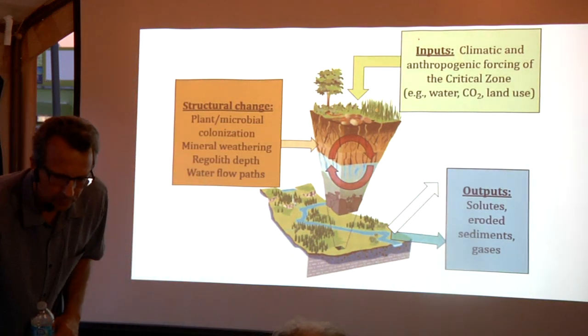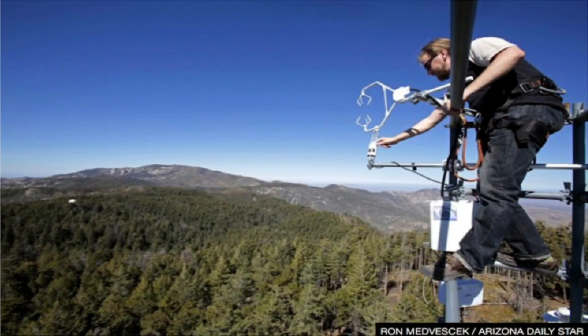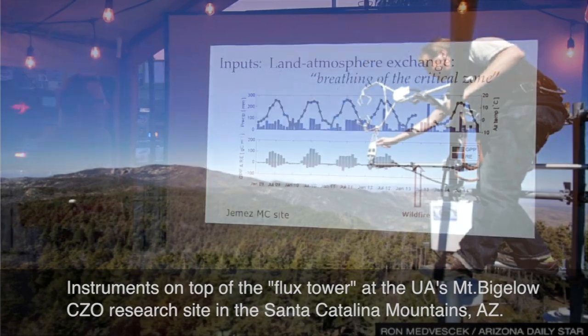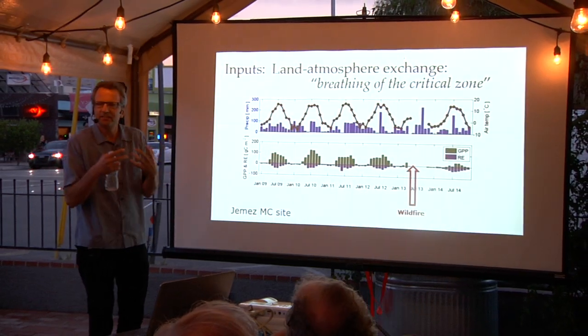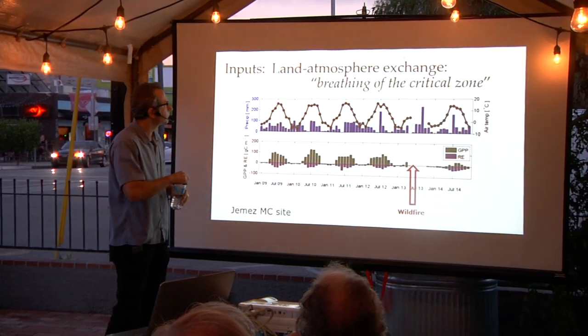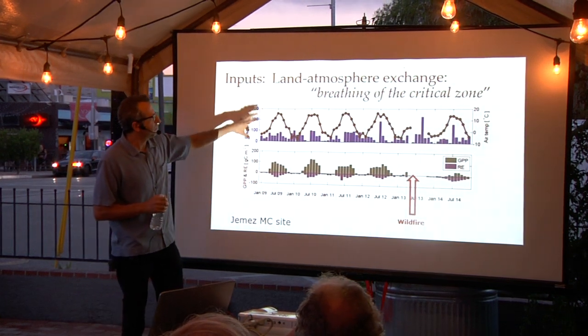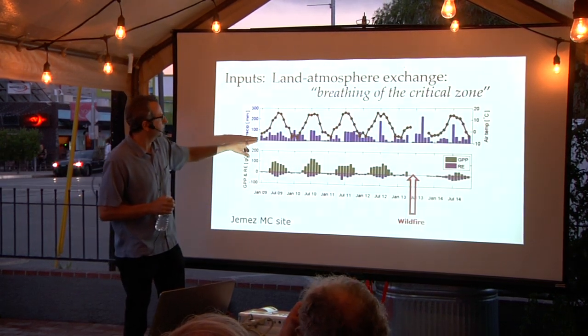So I want to just give you a few examples, going back again to the types of data, to show you some examples of some data that we get from these different places where we're studying the critical zone. So here's an example where we're looking at the inputs into the critical zone of precipitation.